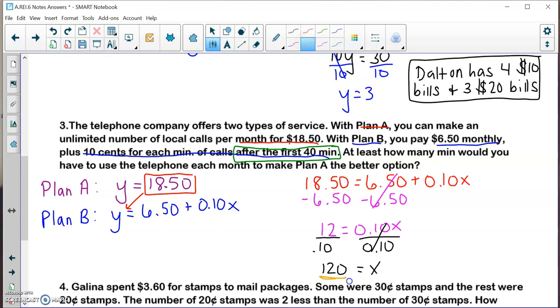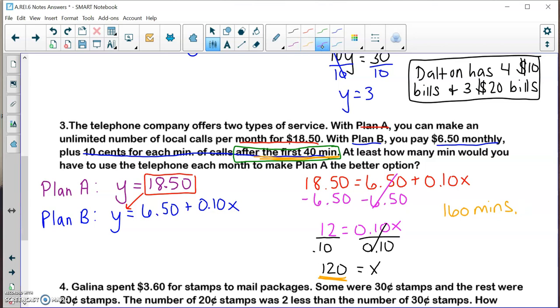And it wouldn't just be 120 minutes, because remember with Plan B you get the first 40 minutes free. So 120 plus 40 minutes would be 160 minutes. But again, that would make both of these plans equal. All right, the cost would be equal if we talked for 160 minutes on the phone.